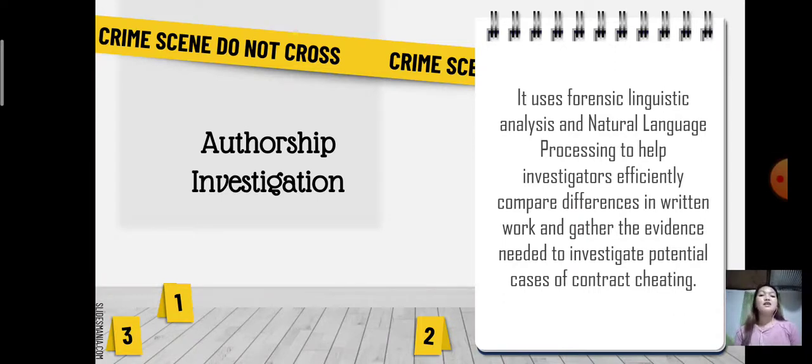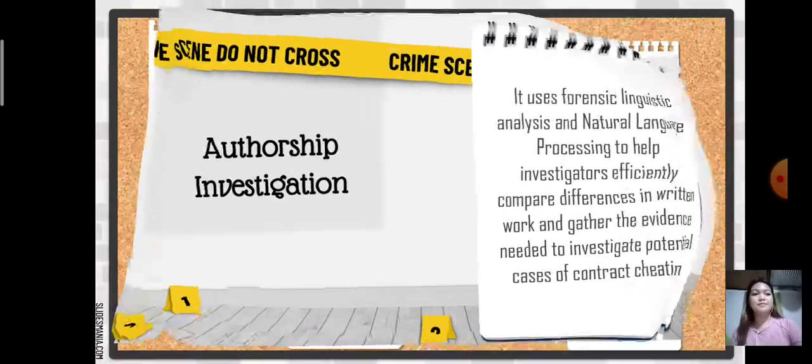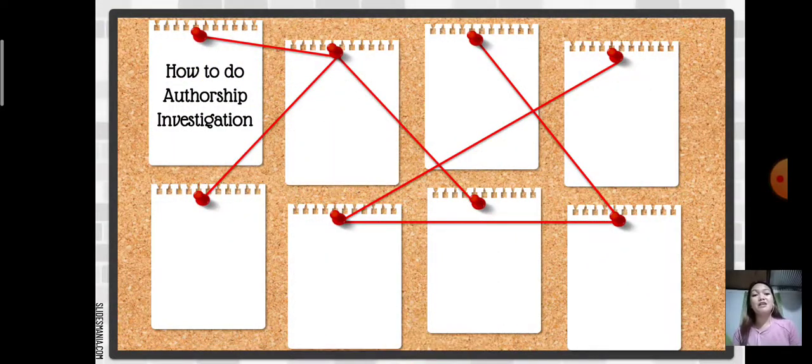If the will is really made by the author, kung siya ba talaga yung gumawa or not. So they compare the written works of the author to the written evidence of the will.